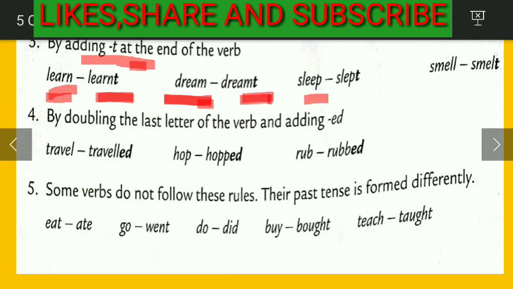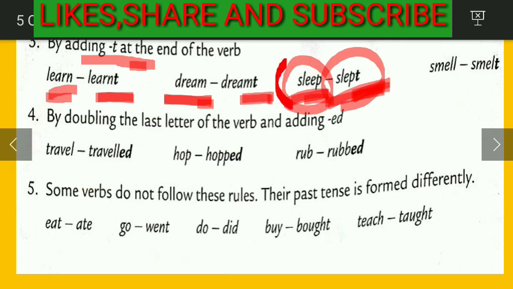Here you have to see children, double e is written here, but while making the simple past tense, we have to cut one e and add t to the given verb. After cutting one e, a single e should be there, and we have to add t at the end to get the simple past tense of the verb sleep.